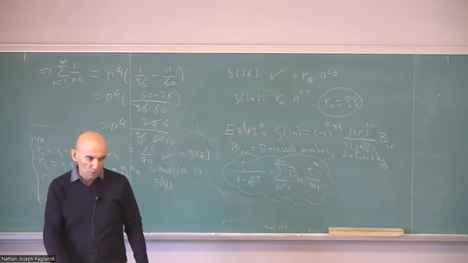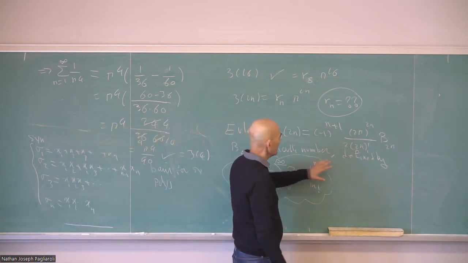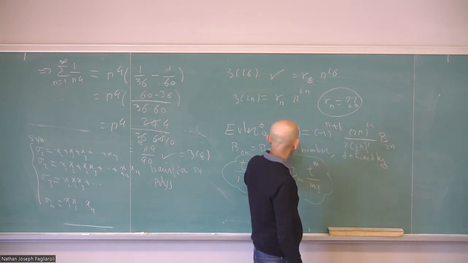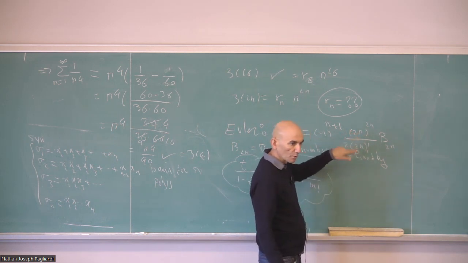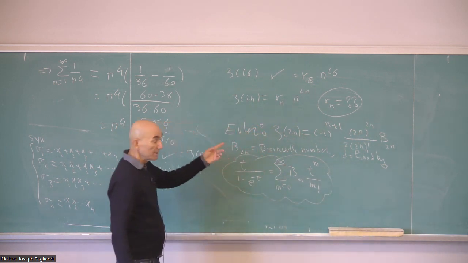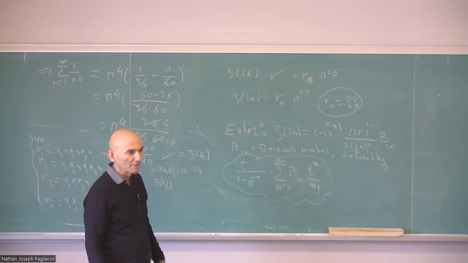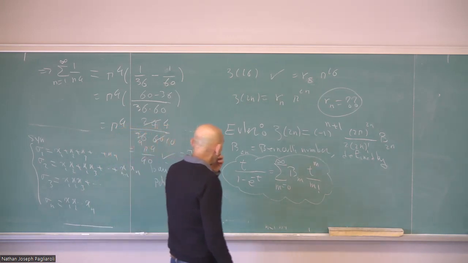So now, of course, the question is, why do these numbers appear in the formula for zeta of 2n, and where do these coefficients come from? This is a general formula for any positive even integer.